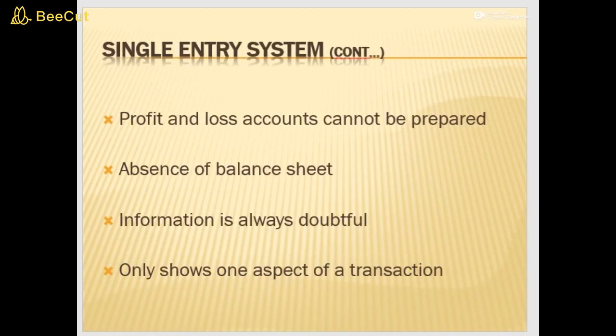If we don't have a profit and loss account and trading account, there is no possibility of preparing a balance sheet also. So the information we have can never give me a proper idea whether my business is making a profit or not. It only shows one aspect of the transaction.